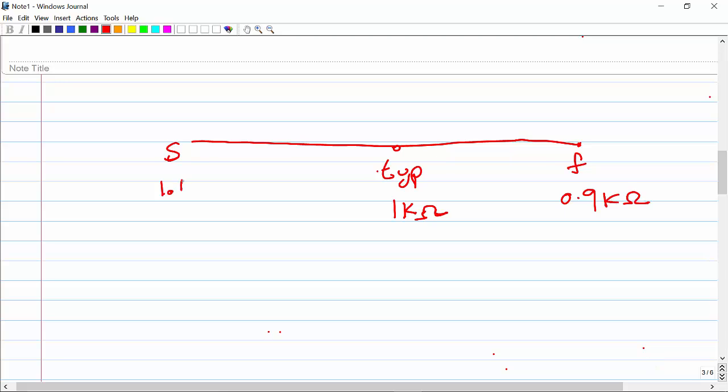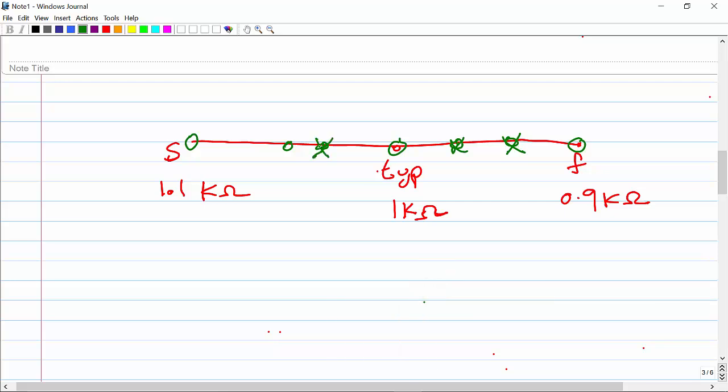In the process corner simulation, we simulated here, here, and here. But in reality, when you make the IC, it could be anywhere on this line. It could be here, or here, or here. So how do we know the IC will work here? What are the characteristics of the IC if it is here?